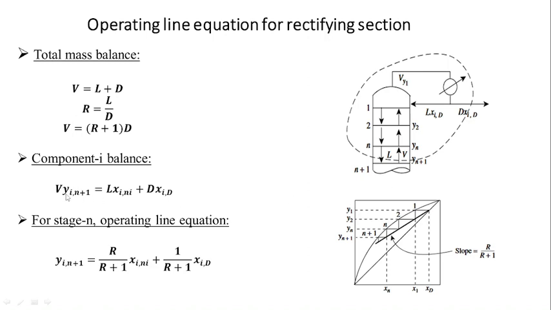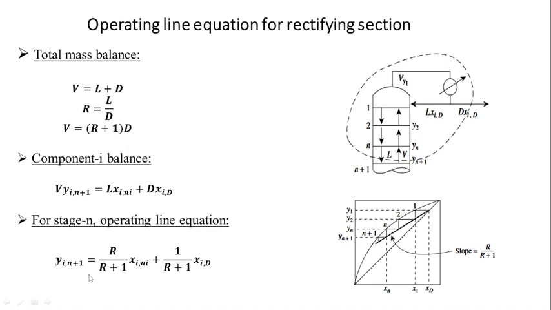After dividing this equation throughout by the vapor flow rate V, we obtain this equation, and followed by substitution of the total mass balance, we obtain the equation of the operating line for the rectifying section.